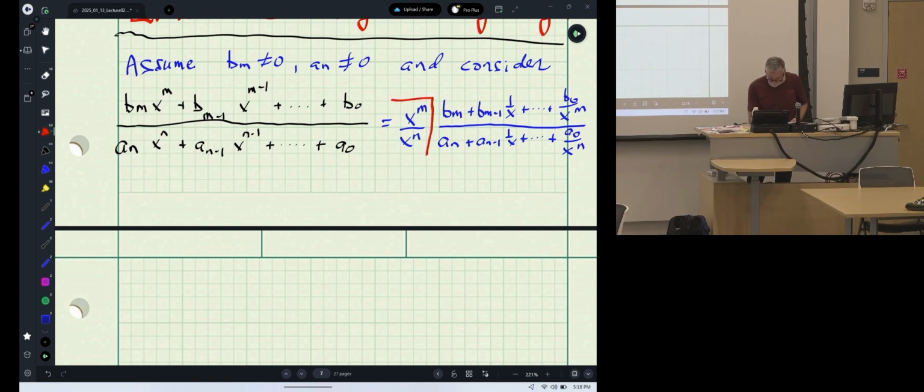Okay, so we've factored this into a product of two terms.